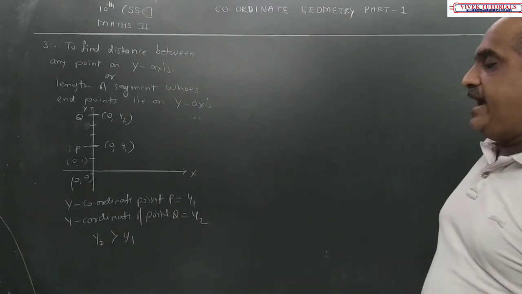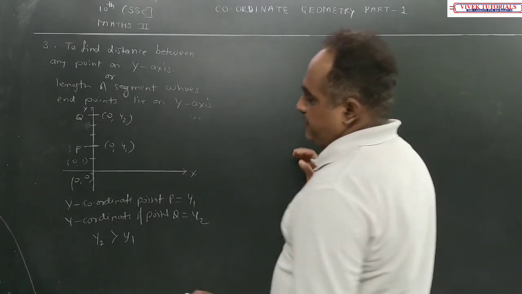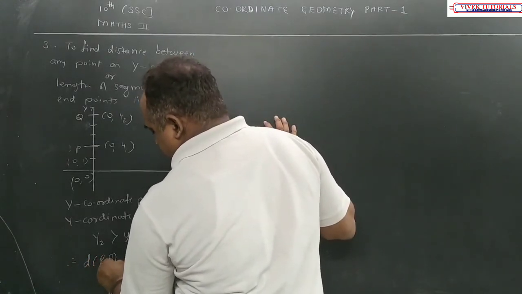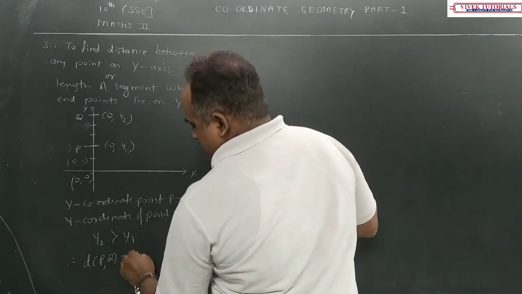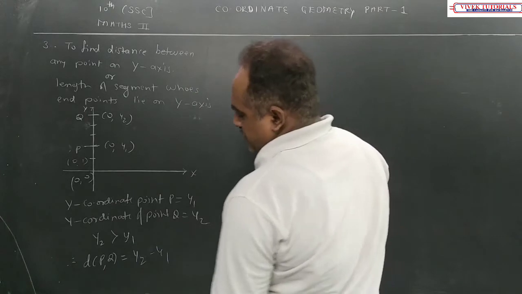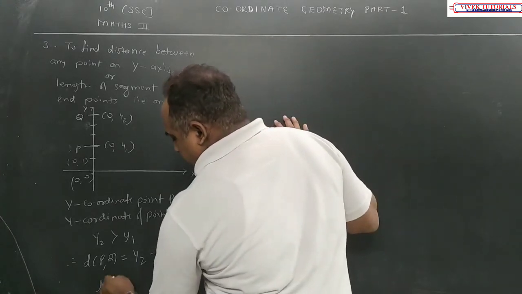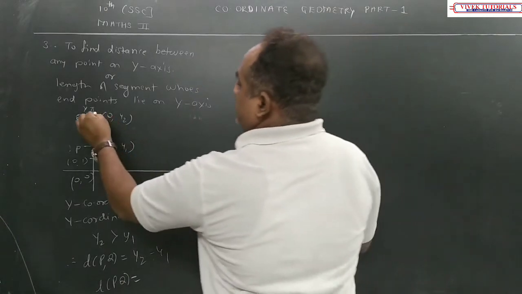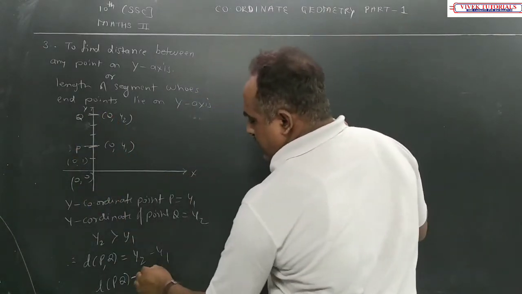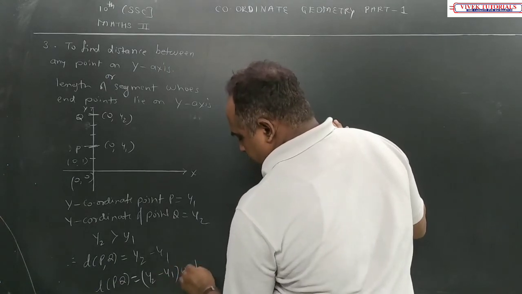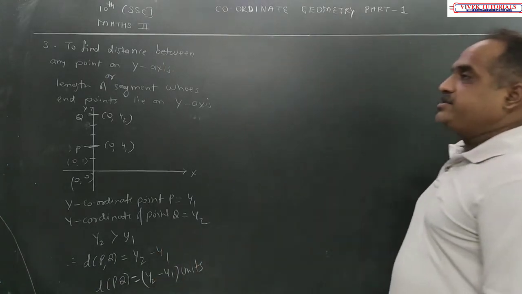Therefore, distance PQ is equal to y2 minus y1, or length of segment PQ from here to here will be y2 minus y1 units. Have you understood this?